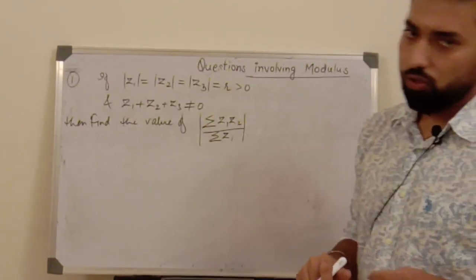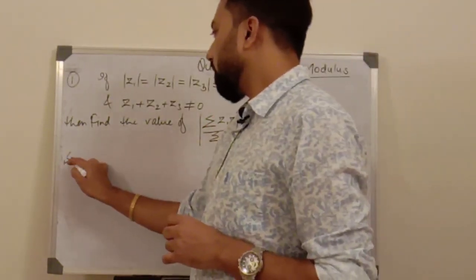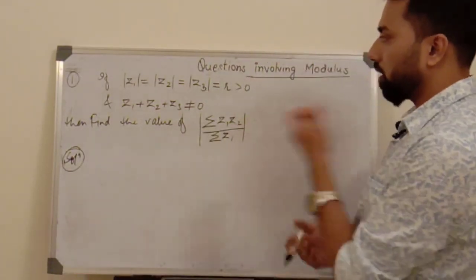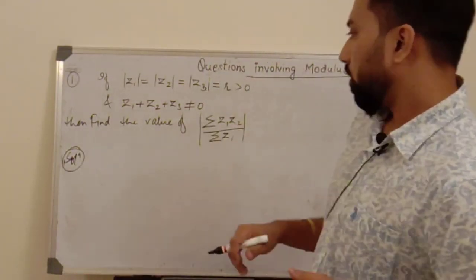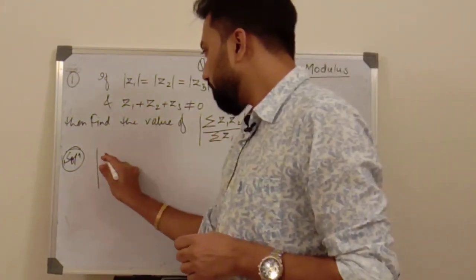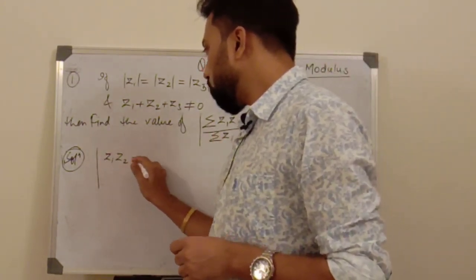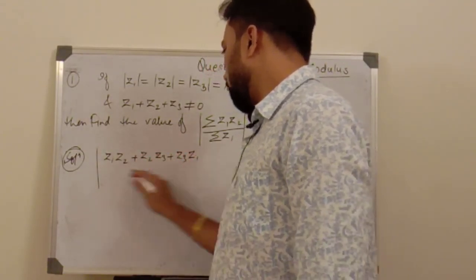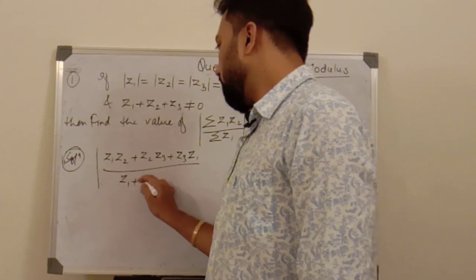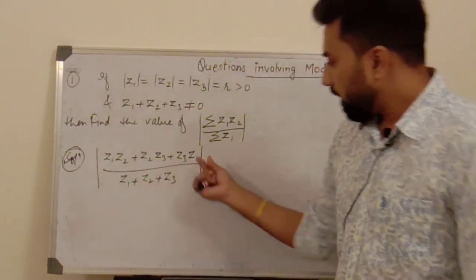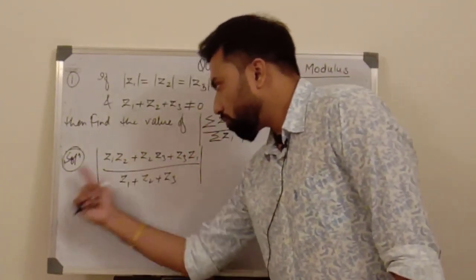Now we have to find the solution of this question. How to start solving this particular question? For this, we know what sigma means. So it would be here z1 z2 plus z2 z3 plus z3 z1 upon z1 plus z2 plus z3. Now we can take z1 z2 z3 common from here.